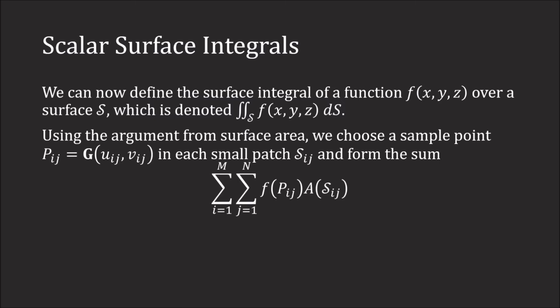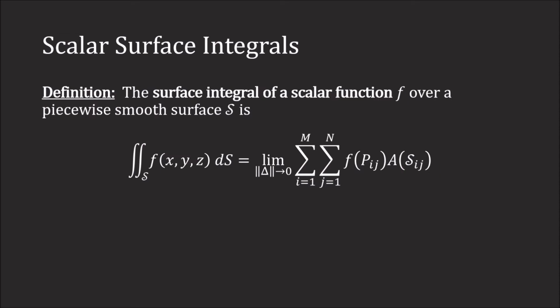Using the argument from surface area, we choose a sample point P sub ij in each small patch S sub ij, and form this double Riemann sum. Then the limit of these sums is our integral, and that is formally stated. The surface integral of a scalar function f over a piecewise smooth surface S is simply the limit as the norm of the partitions approaches 0 of this double Riemann sum.